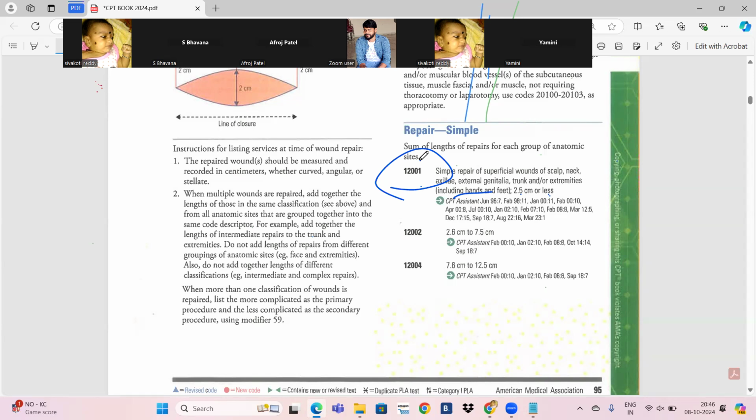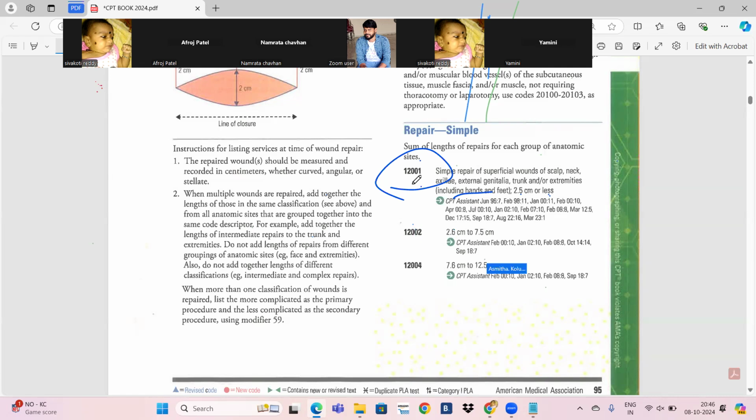You need to add the length of the repairs of each anatomic group. If they did multiple repairs on the same anatomic group, you need to add the length here. Based on the anatomic sites, you will get the codes.